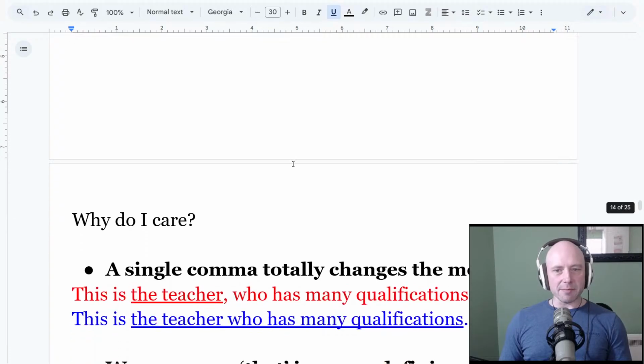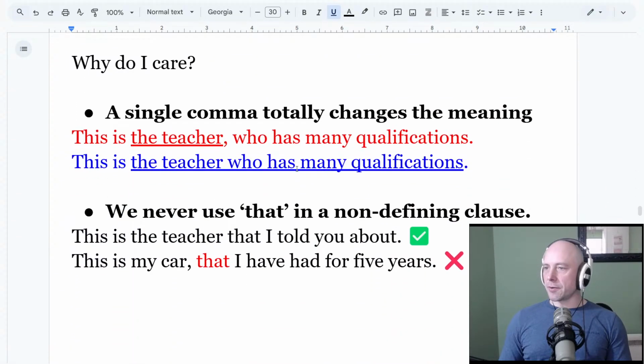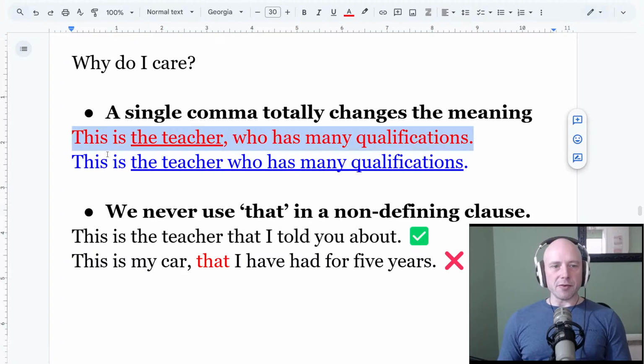Why do we care, by the way? Why does anybody care what is a non-defining and defining relative clause? So this is what I emphasized before. A single comma totally changes the meaning. This is the teacher, who has many qualifications, and this is the teacher who has many qualifications. In the first one, there is only one teacher, and that teacher has many qualifications.